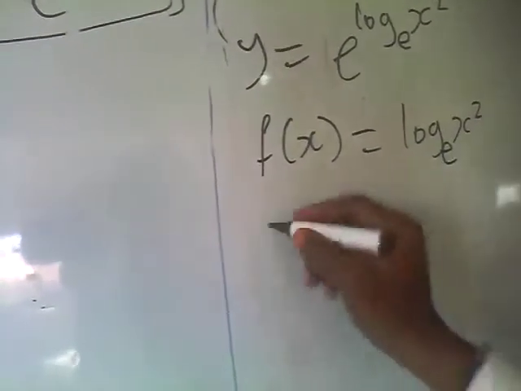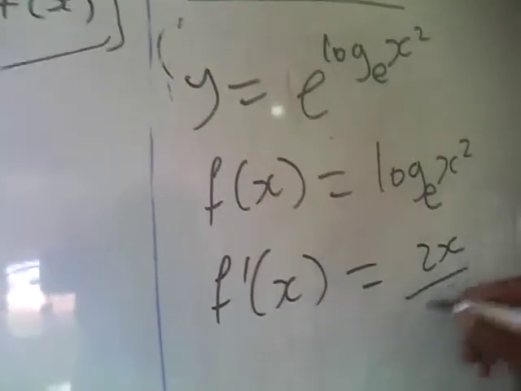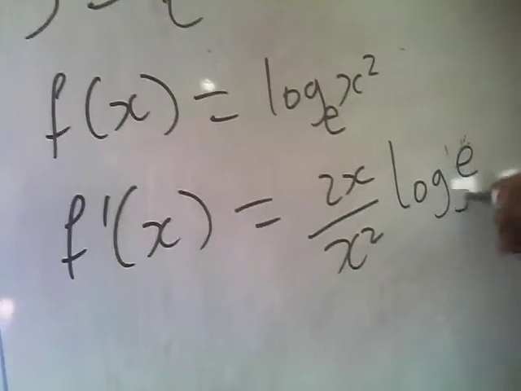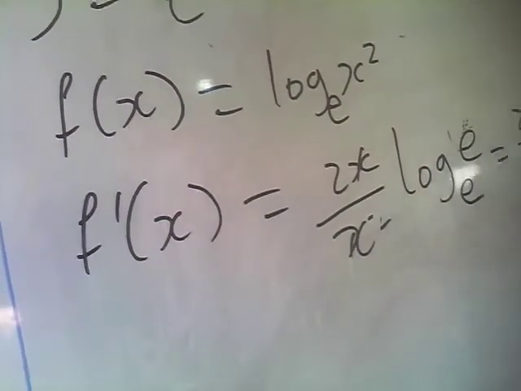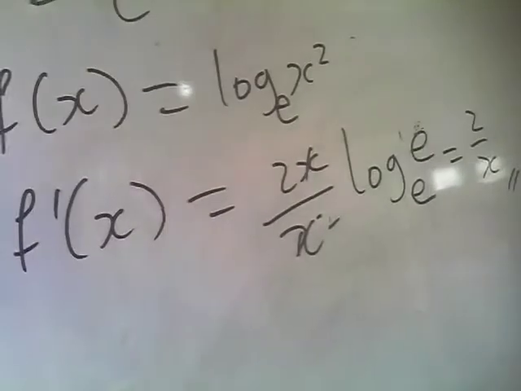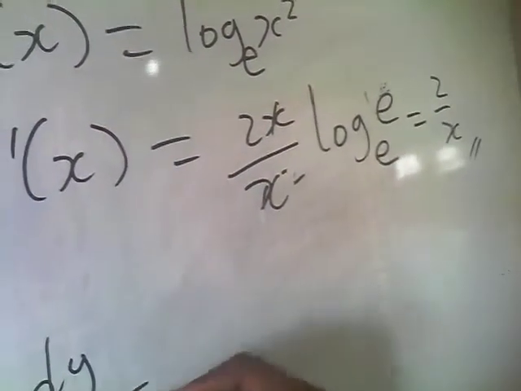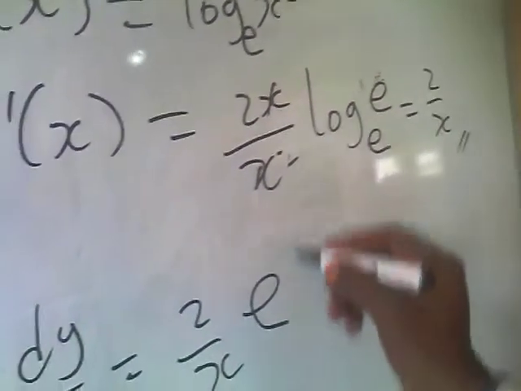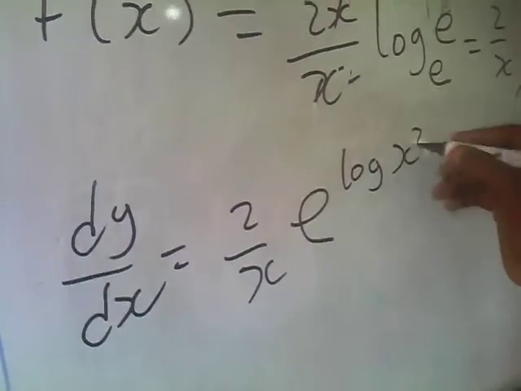Now differentiating that, f prime of x is equal to 2x over x squared, which is x cancel x, so we have 2 over x as our f prime of x. So dy/dx automatically will be f prime of x, 2 over x, times exponential function of x, which is log x squared to base e.